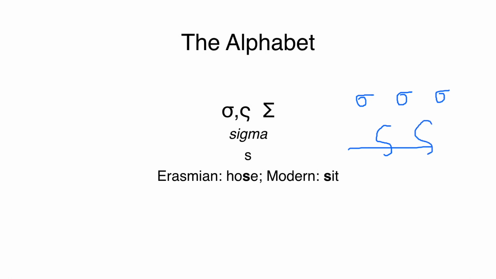That bottom curve is the smaller curve. There we see it. Now this second form is what's known as the final sigma. So whenever sigma occurs at the end of a word, it will be formed like this and not like this. So this sigma will be used at the beginning and in the middle of words. This sigma only at the end of words.